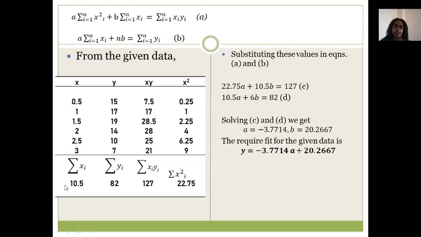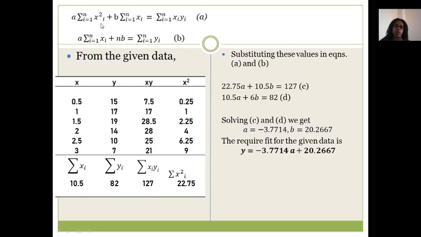Sigma xi is 10.5, sigma yi is 82, sigma xi yi is 127, sigma x square is 22.75. Here you are taking the sum of all the column values. Got the point?